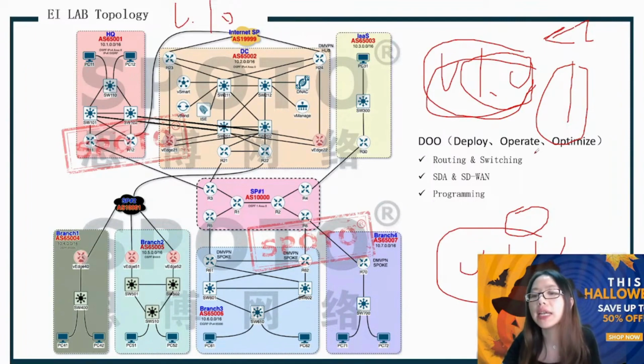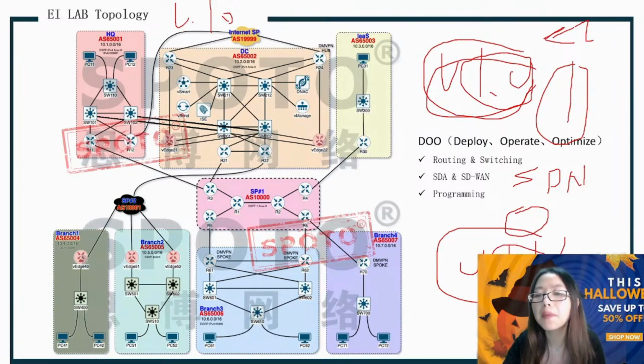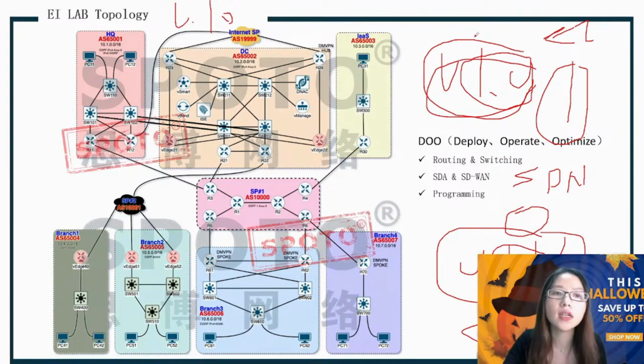It mainly changes in SDN, SDA, and SD-WAN. The CCIE EI lab version 1.1 doesn't have many changes in routing and switching. So I suggest you learn version 1.0, and you can test yourself. Okay, let's continue to talk about today's topic.